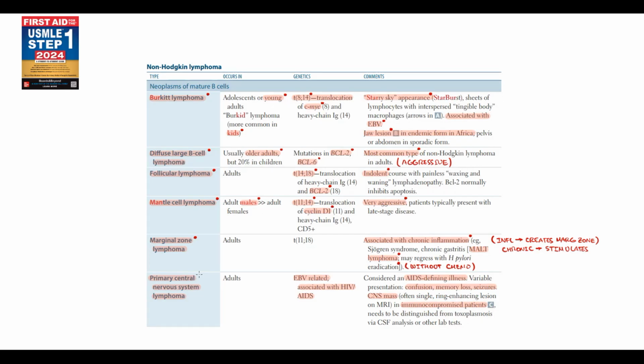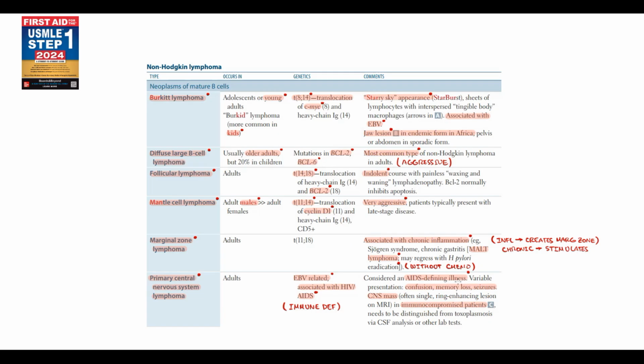The last lymphoma we haven't discussed yet that deserves its own moment is primary central nervous system lymphoma. This lymphoma affects adults. It is EBV-related and associated with hepatitis virus and AIDS. Primary CNS lymphoma is almost exclusively a disease of severely immunocompromised patients, HIV/AIDS with a very low CD4 count, or post-transplant patients on heavy immunosuppression.